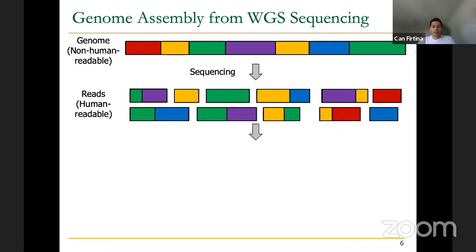And we know that our genome, let's say our human genome itself, is in a non-human readable form, right? We just take your cell, and then out of it we take the DNA, but it's not in a human readable form. We cannot easily do analysis on it.